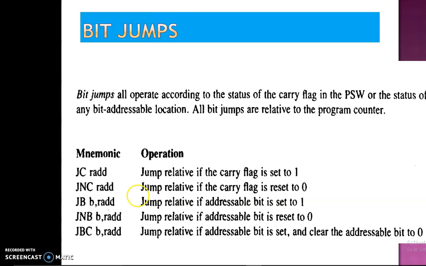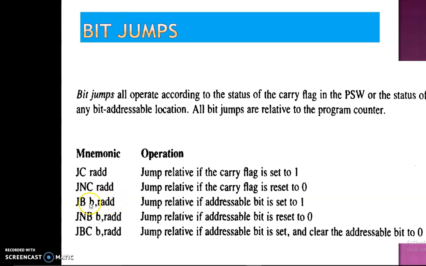You can specify any single location address, means single bit address, here in the place of small b, and you are checking whether that bit is 1 or 0. Anyway, one bit can store 0 or 1. If that bit value is 1, the bit is having data as 1, this JB jump instruction will be true. So then control will go to the specified location.